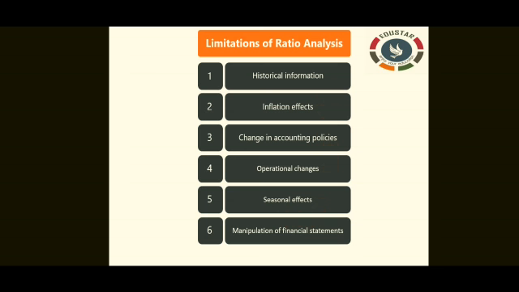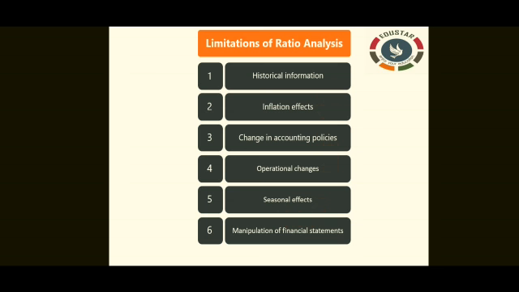First one, historical information is the information used in analysis. It is based on real past results, because we are extracting the information from the balance sheet and the profit and loss statement. The balance sheet is prepared at the end of every year, and the prices and values stated are based on historical price.